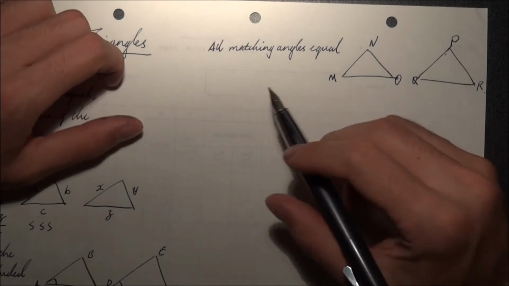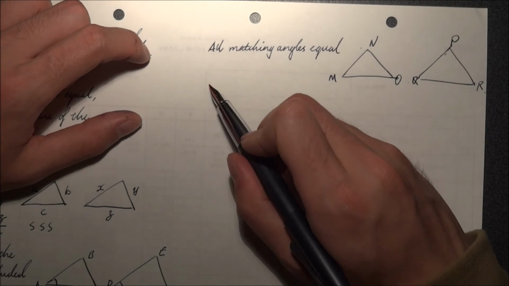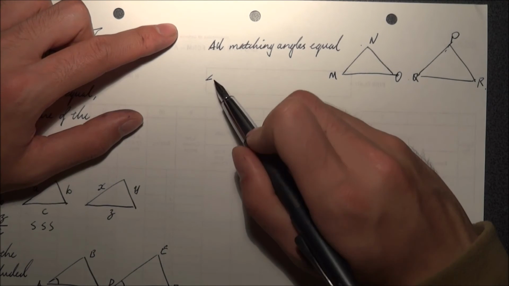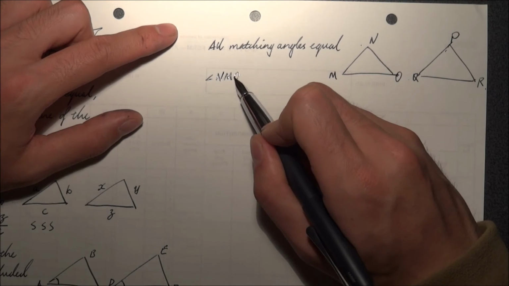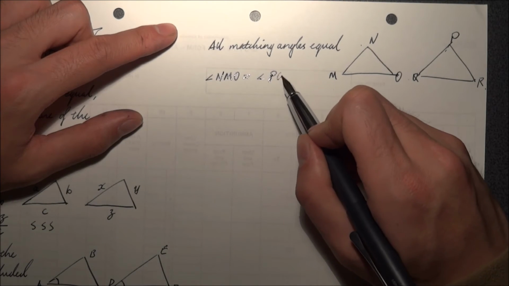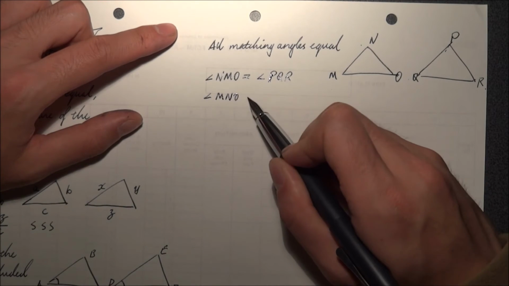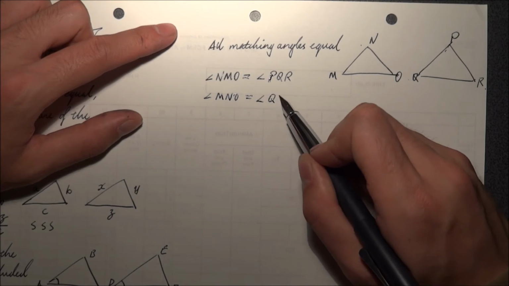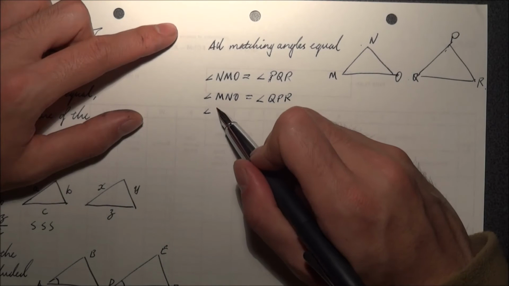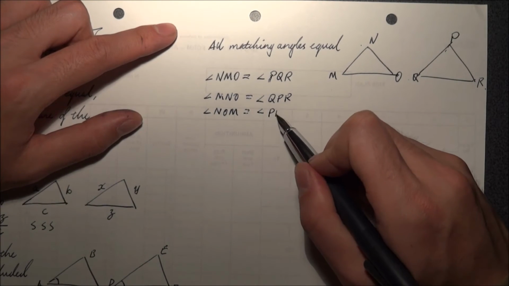Now, if you look at our example here, all we have to say is angle NMO equals angle PQR, angle MNO equals angle QPR, and angle NOM equals angle PRQ.